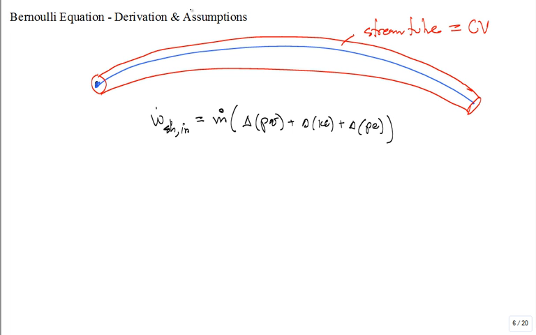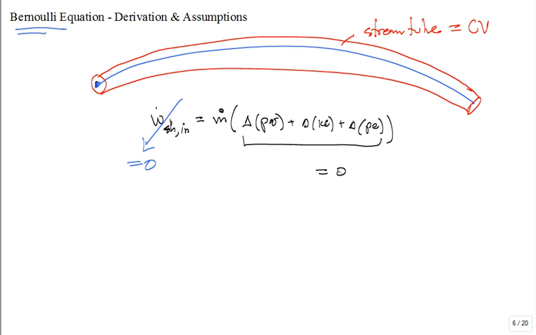One more thing. For Bernoulli's equation, W dot shaft is 0. So I'm not adding mechanical energy, no flow in from a shaft work or out. In that case, it's this sum that must be equal to 0. True?